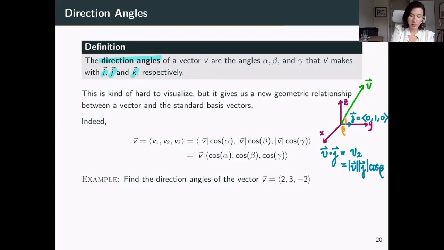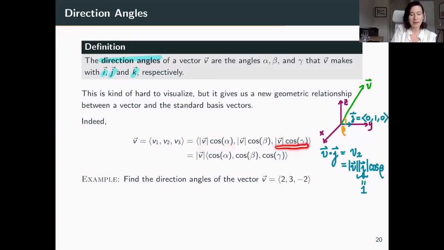Then we can observe v in its component form and see that v2 can be rewritten as the magnitude of v times cosine of beta, because we know that the magnitude of the standard basis vector is going to be equal to 1. We can do similar arguments for v1, showing that it has a value of the magnitude of v times cosine alpha.